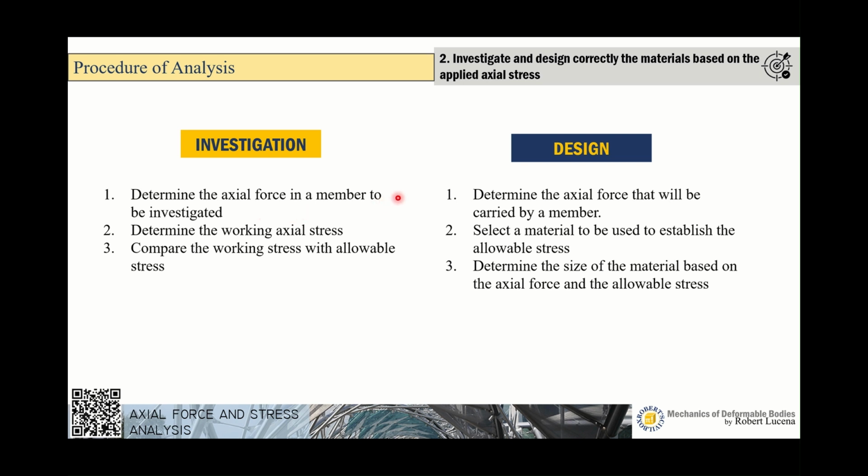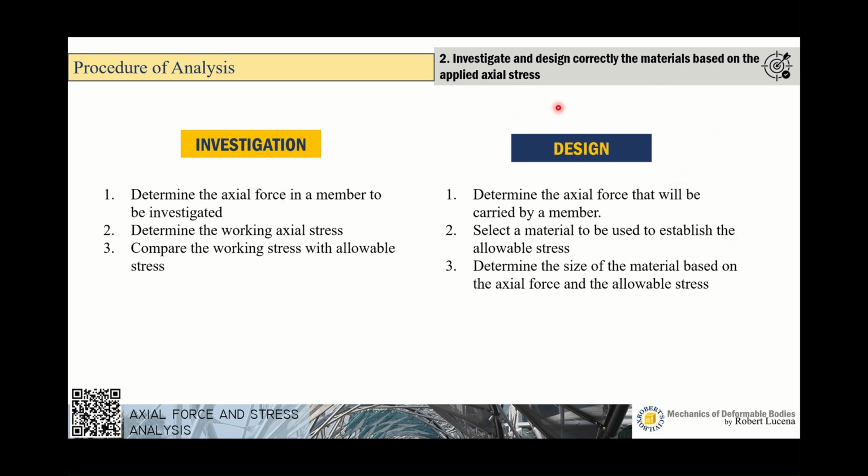So our objective for this part of our lecture is to investigate and design at the same time. Investigate meaning we take a look at what is the stress that is happening in an object.